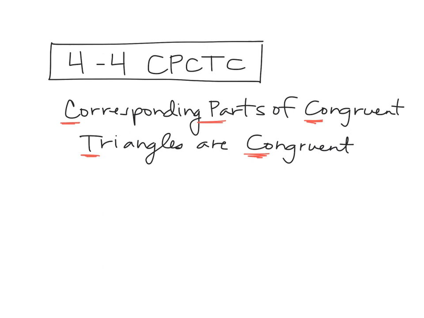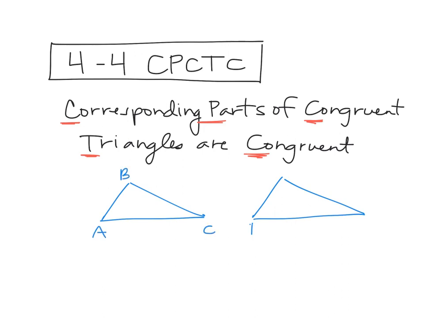So here's essentially what you're doing with that. If I tell you we have these 2 triangles where this is A, B, C, and this is D, E, F, and angle A is congruent to angle D, AC is congruent to DF, and angle C is congruent to angle F. Okay?